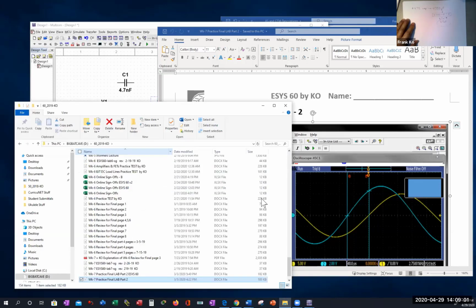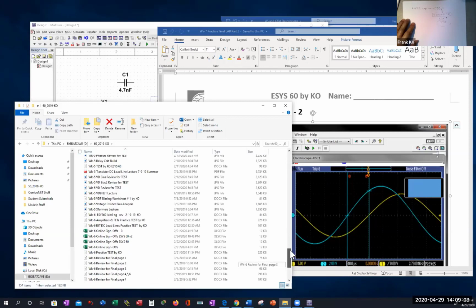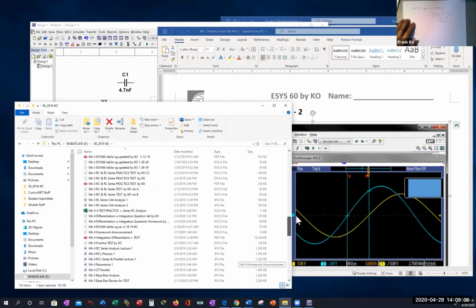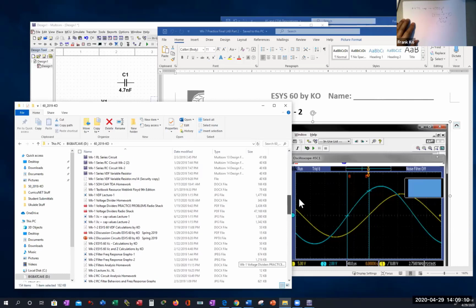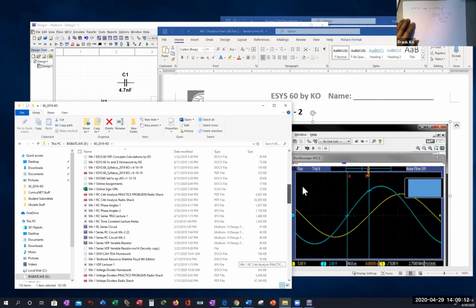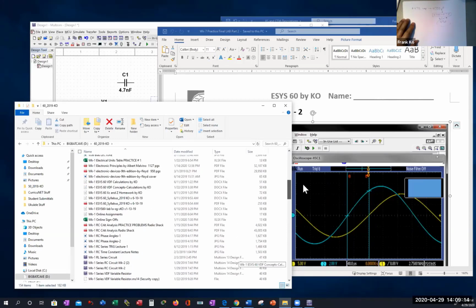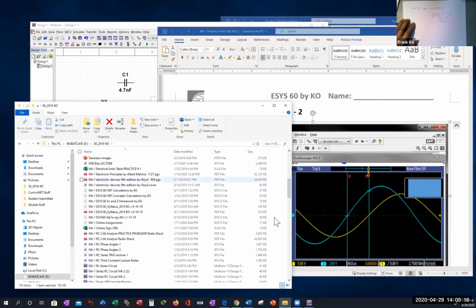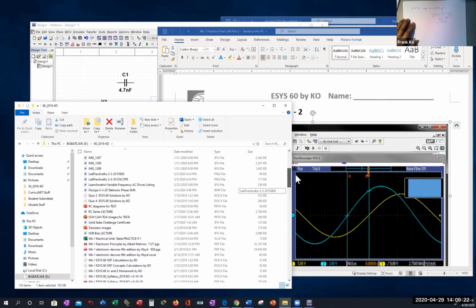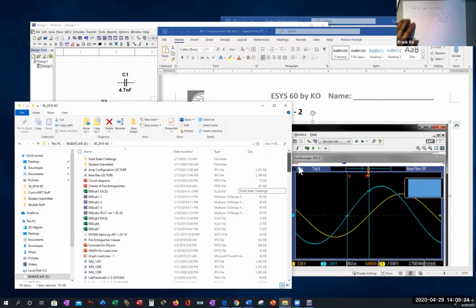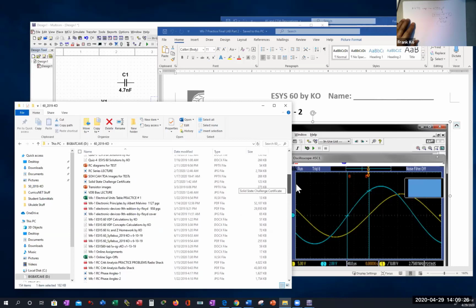you were given this document. Let's find electrical units. Not practice, I just want electrical units. Where are my electrical units? Week 1, WK1.